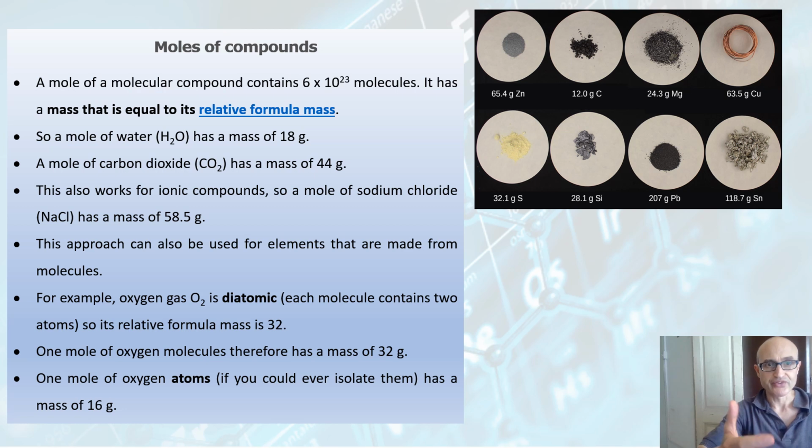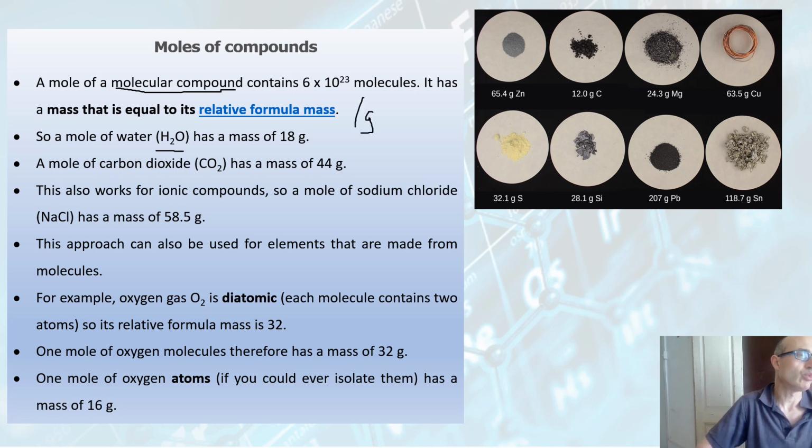Over here we have a first experience, or a further experience, using calculations with moles and masses of substances. We're getting used to this idea of converting moles into masses of substances. So I remind you once more that if we had to consider a mole of a molecular compound such as water, the mass of 1 mole is equal to its relative formula mass, but expressed in grams.